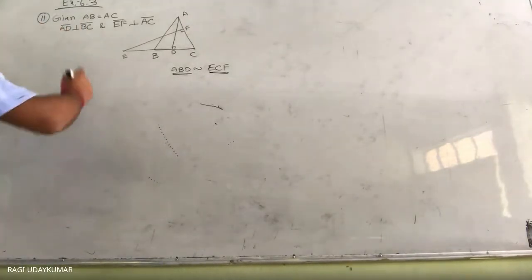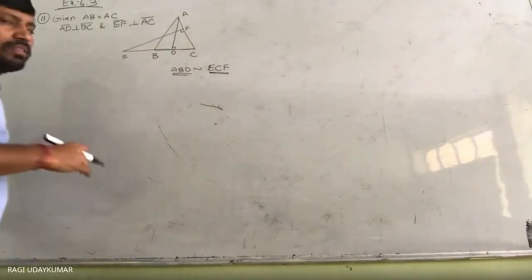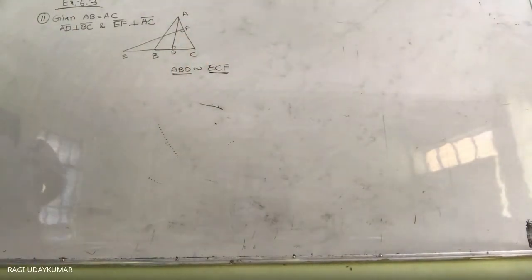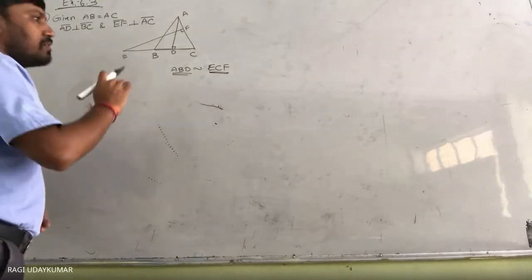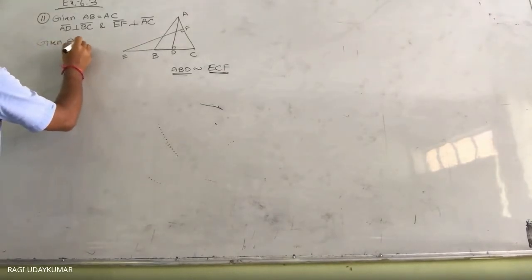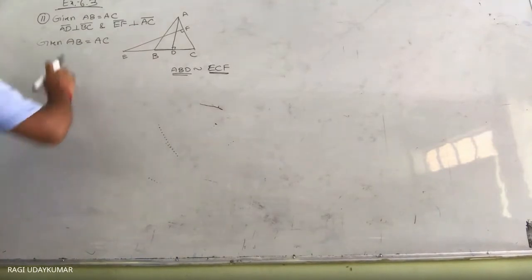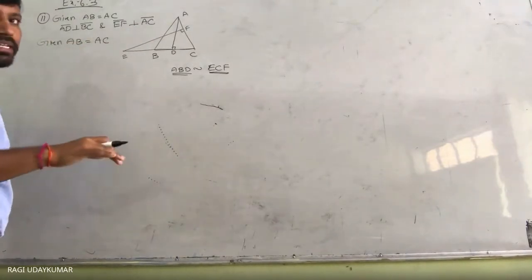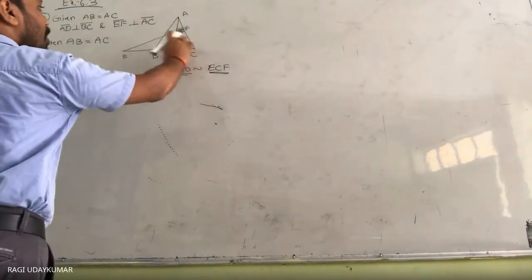So here, given that AB is equal to AC, then angles opposite to the equal sides are equal. So AB's opposite angle is this angle, and AC's opposite is this angle.